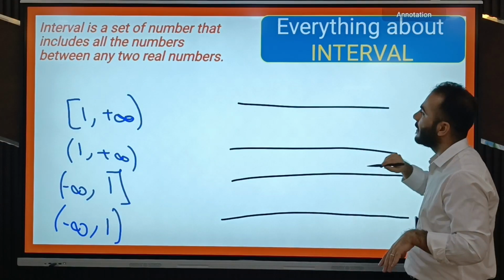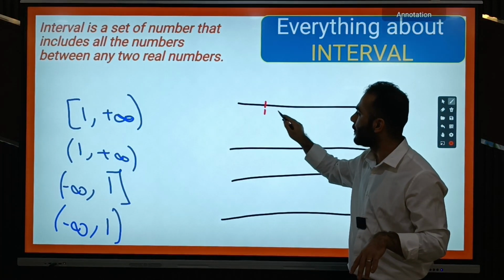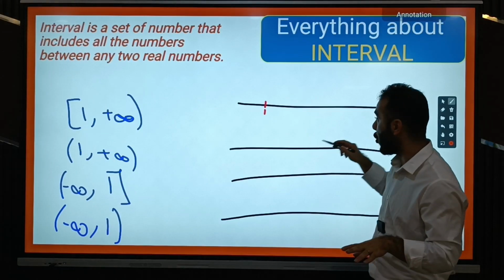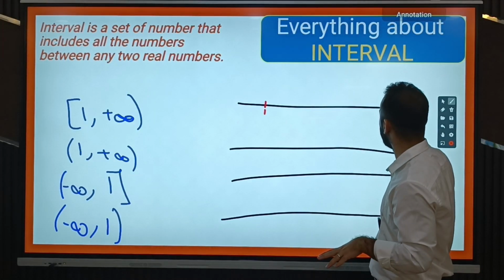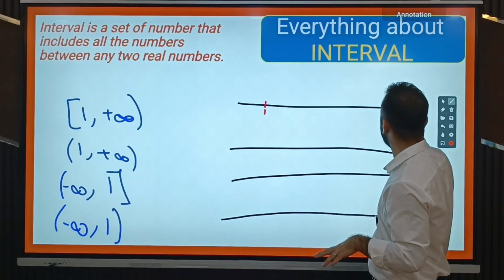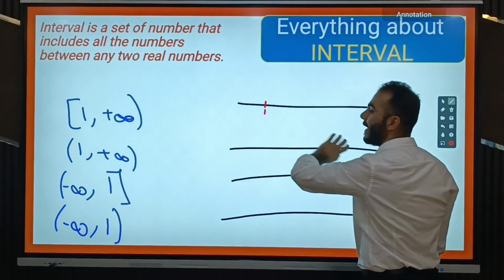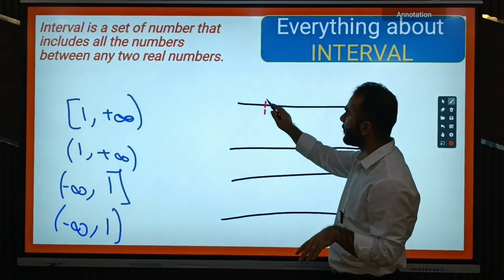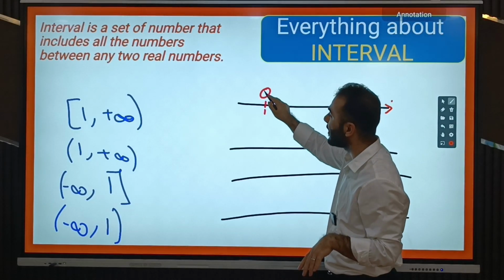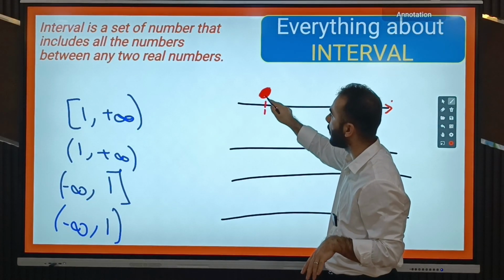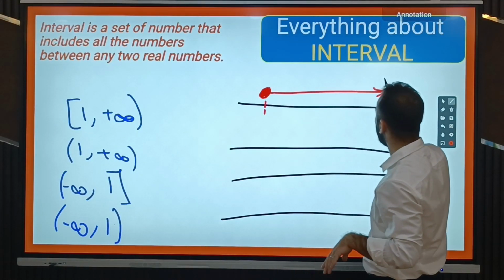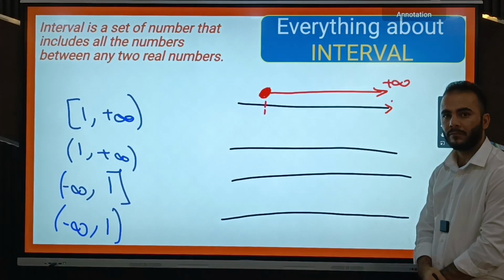For the first one, if you have these four number lines, perfect. For the first one, from 1 to positive infinity. So let's just say that the right side is positive infinity, the left side is negative infinity. All right. So from 1 to positive infinity, 1 is closed, so we are going to shade inside our circle, and it goes on until positive infinity.